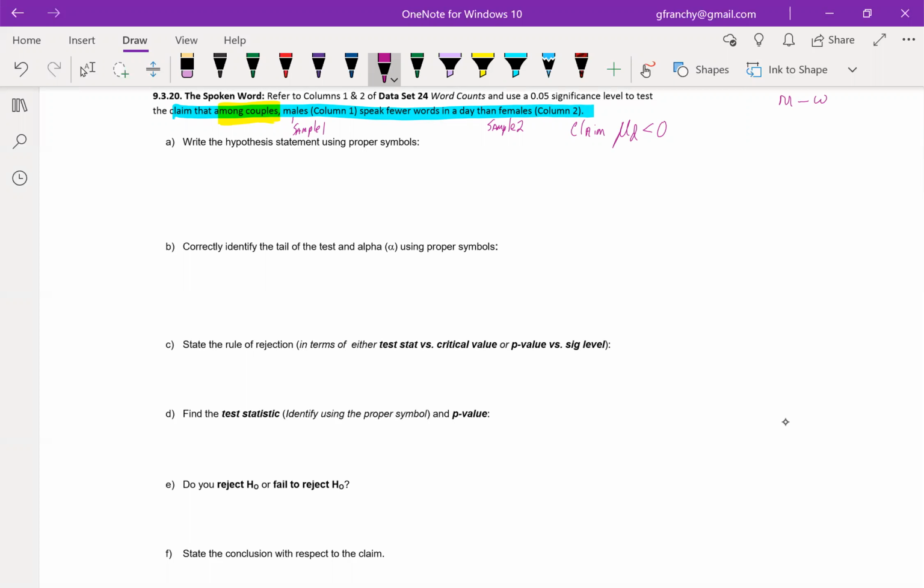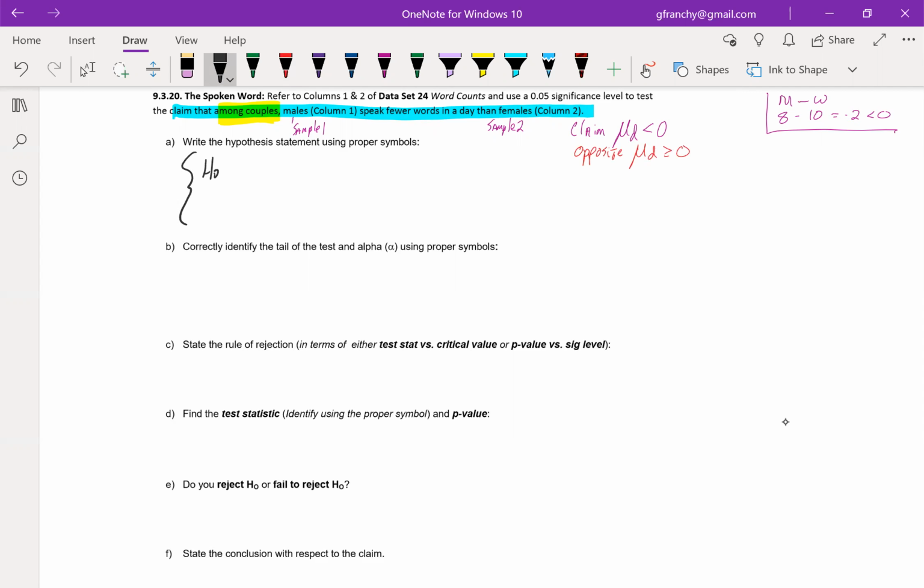If the male is less, let's substitute some numbers that fit that description. That would be -2, and -2 is less than 0. So that's something you can do to help make sure you're formulating the claim correctly. And the opposite of that is the mean of the differences is greater than or equal to 0.